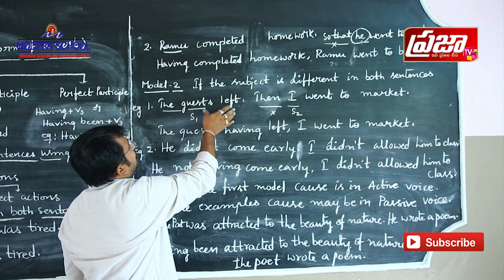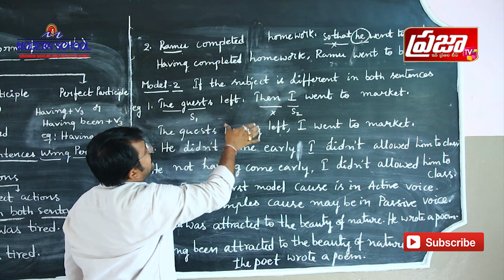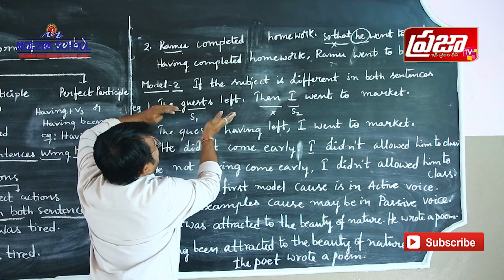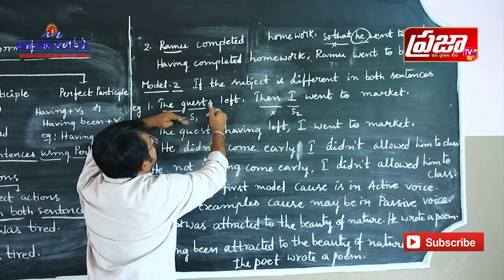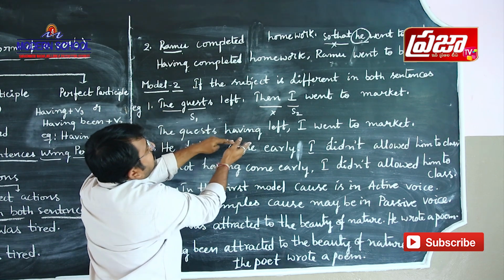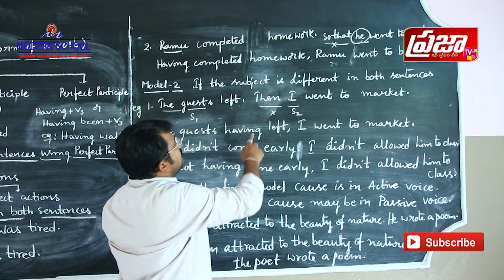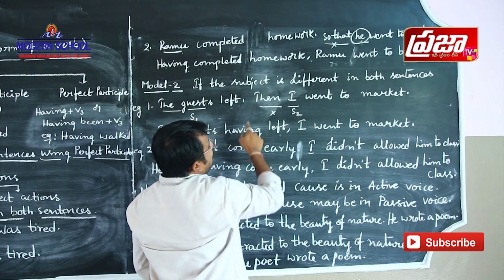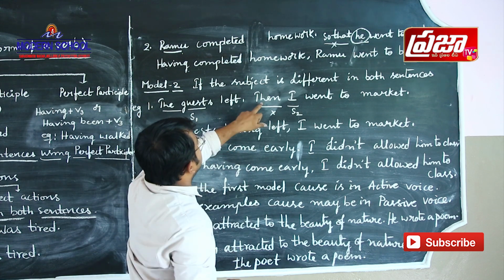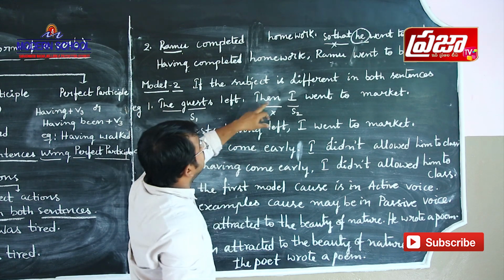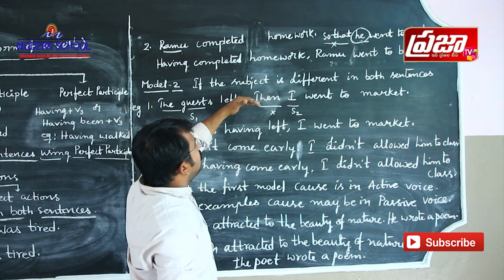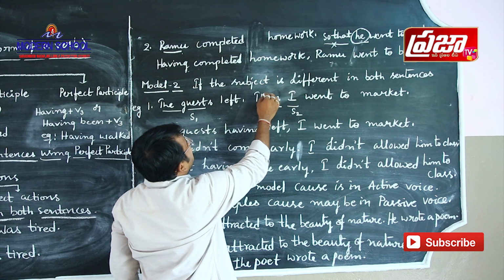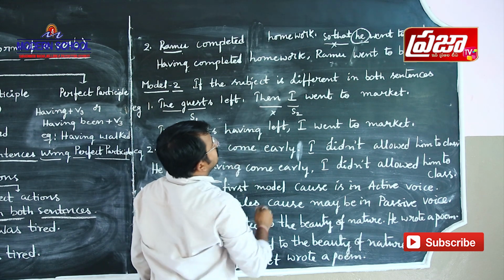Okay. So here the finite verb is changed to the non-finite verb. So this clause is changed to a phrase here. And the next one here, this is a conjunction, a coordinating conjunction. When we change this compound or complex sentence to the simple sentence, we should skip these conjunctions.